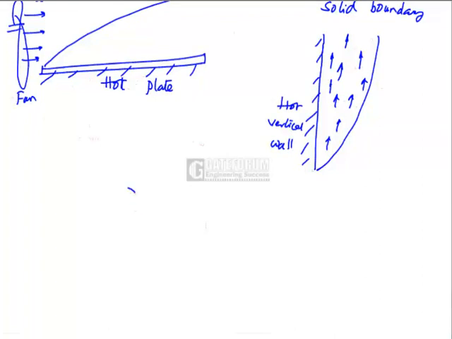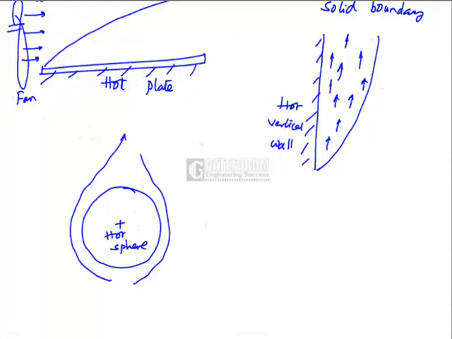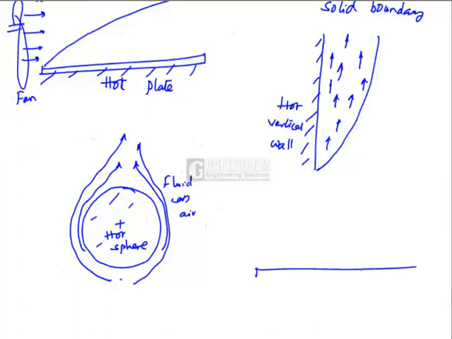So if you take a hot sphere kept in still air or ambient air, this is the pattern of the motion of the fluid. If this is the hot sphere, this is the fluid or air. If there is a hot horizontal plate, this is how the air moves.